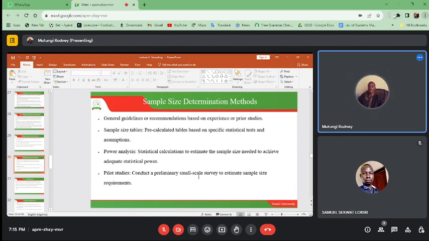So the general guidelines based on experience or prior studies can also be used to determine the sample.